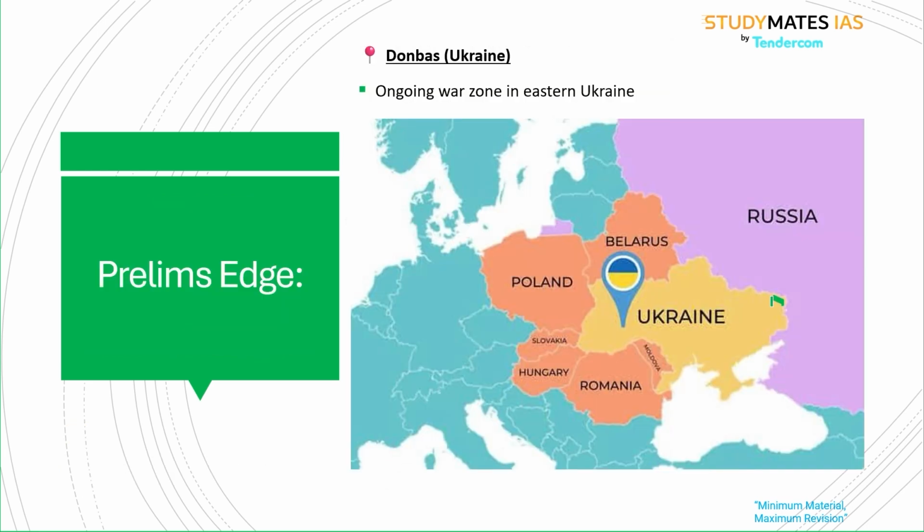Now, Donbas is in the eastern part of Ukraine. You know about the war. Russia's conflict with Ukraine is going on, and Ukraine's border was asked in UPSC Prelims. It can be asked again also. So just remember, imagine Ukraine as a sunflower, and its roots are from Belarus and the Russian roots. Since it is a sunflower, it has a flower, right?